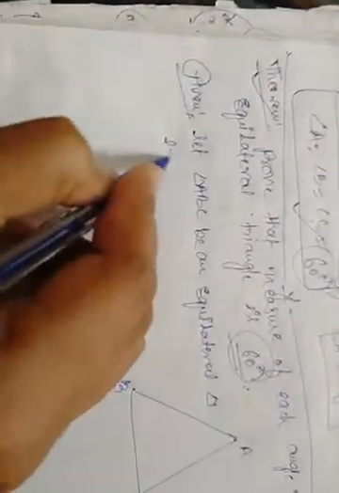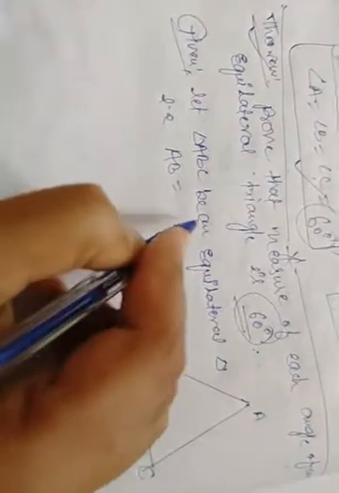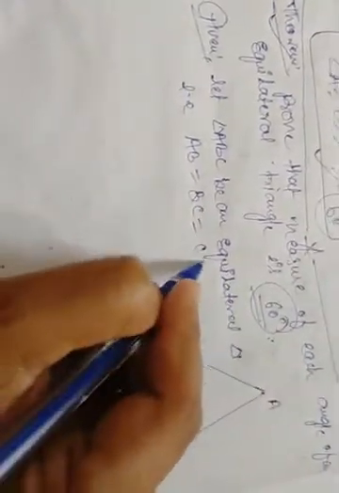That is, we have AB is equal to BC is equal to CA.